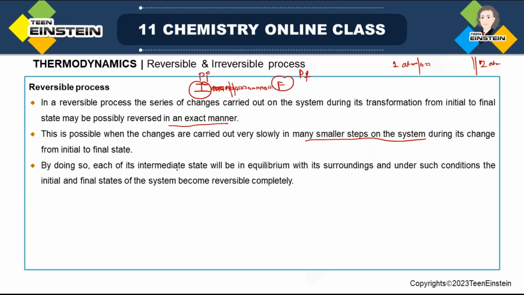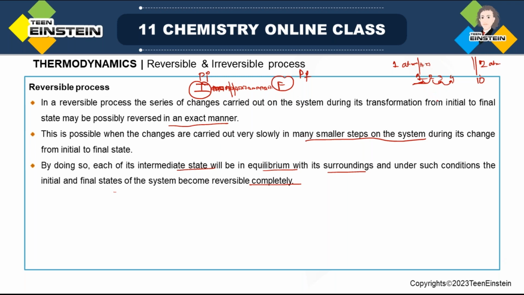By doing so, each intermediate state will be in equilibrium with its surroundings. And under such conditions, the initial and final states of the system become completely reversible. So in this small change, suppose this is state 1, this is state 2. First you move from 1 to 2, then from 2 to 3, then from 3 to 4.